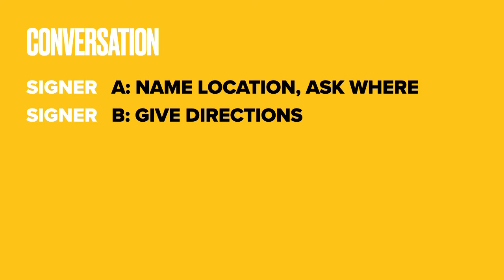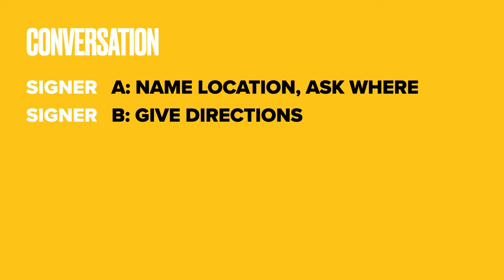Now, let's say we're giving directions to a place that isn't on the same floor that we're at. And this wouldn't work for school because we only have one level. But maybe if you were in a building like a hospital or a big office building, and you're telling someone how to get somewhere that's on a different floor, let's say something is upstairs.